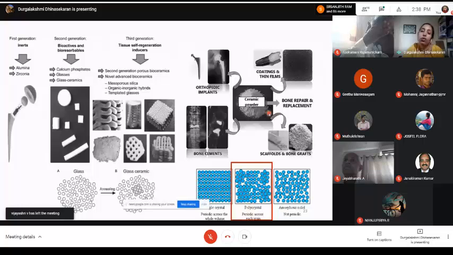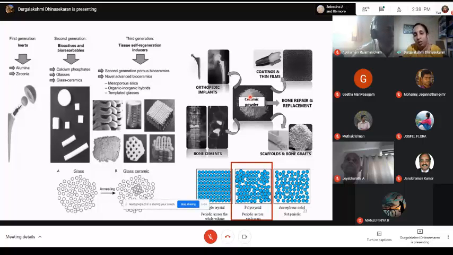Likewise, we can design it into different structures, without losing its biological or any kind of physical chemical properties. That is a greater advantage of ceramic material. So it is widely used for a lot of biomedical applications, different shapes and structures.